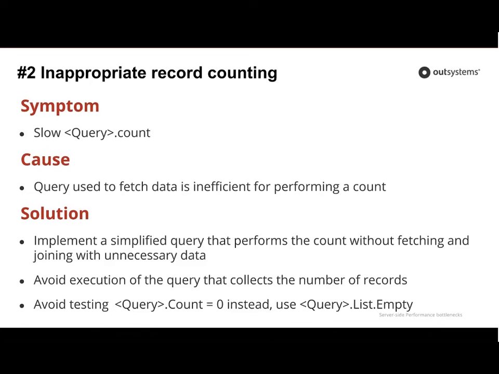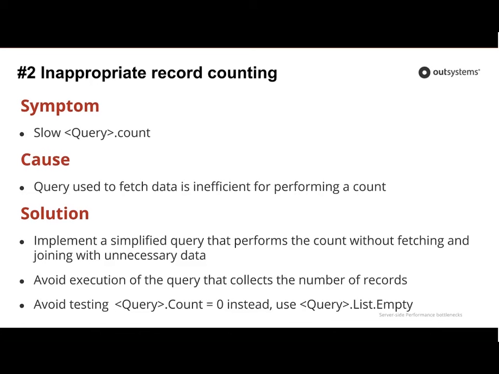It means that for an aggregate, you can end up with two different queries that you are sending to the database. And what we encounter is most of the times, you don't need to actually know how many records you have. Most of the times, you only need to know if you have records or not. And with a little technique that is replacing the query.count equal to 0, if you replace it by query.list.empty, it will get the same impact from the logic.